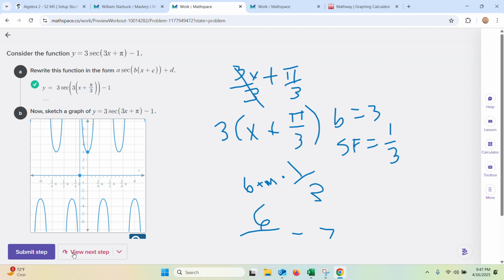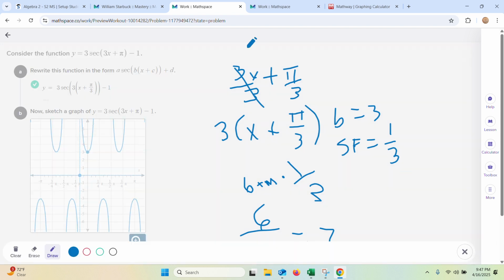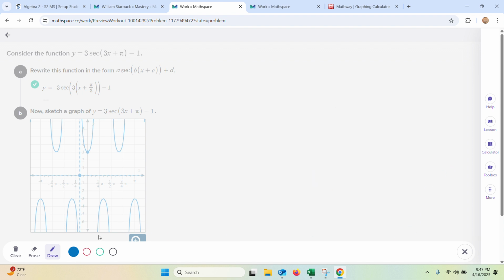So let's think about that. What do I have to do to get to pi over 3? So 1/6 plus 1/6.